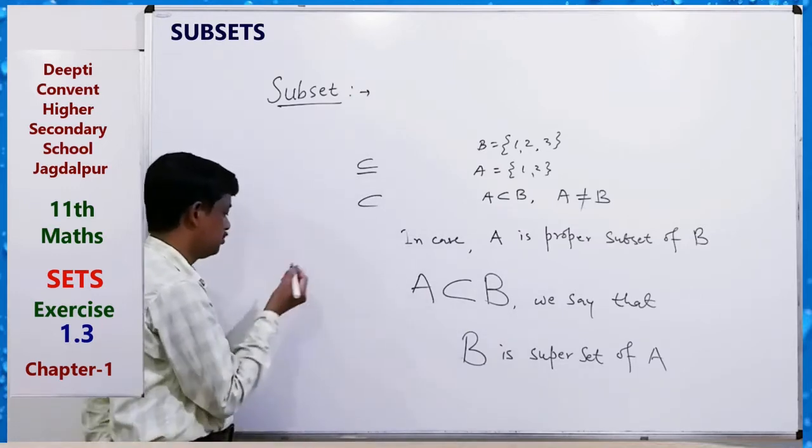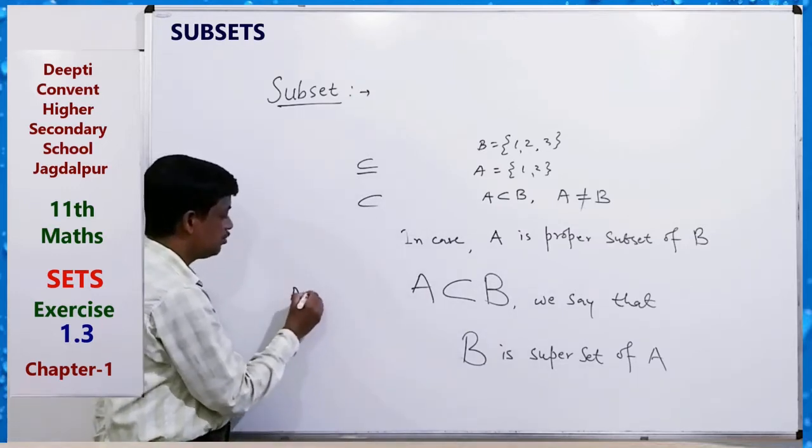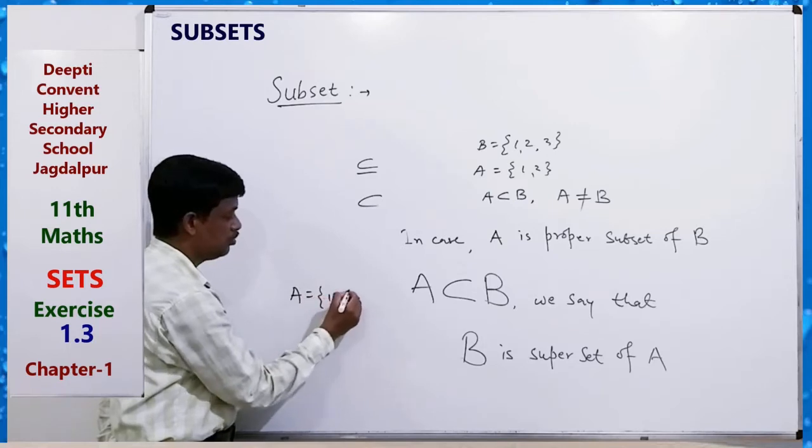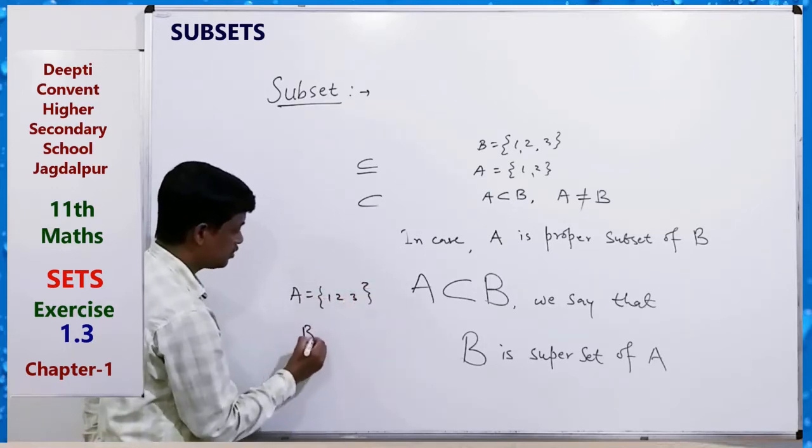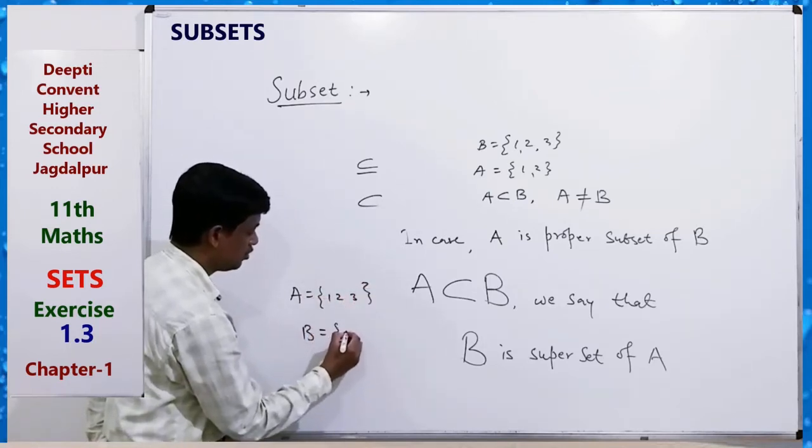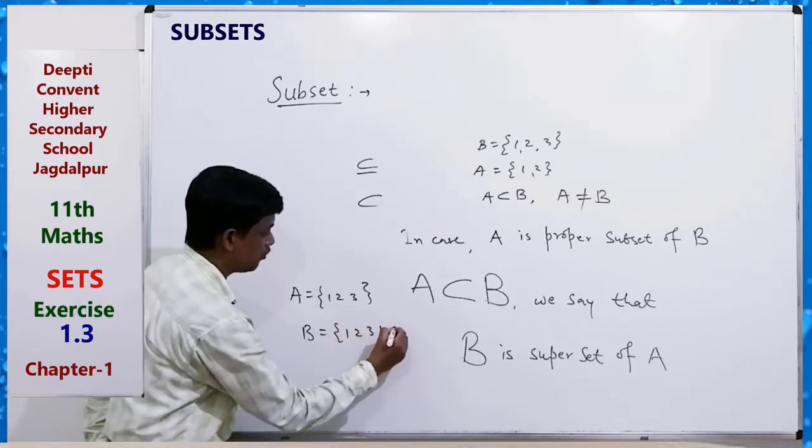For example, suppose A equals 1, 2, 3 and B equals 1, 2, 3, 4, 5, 6.